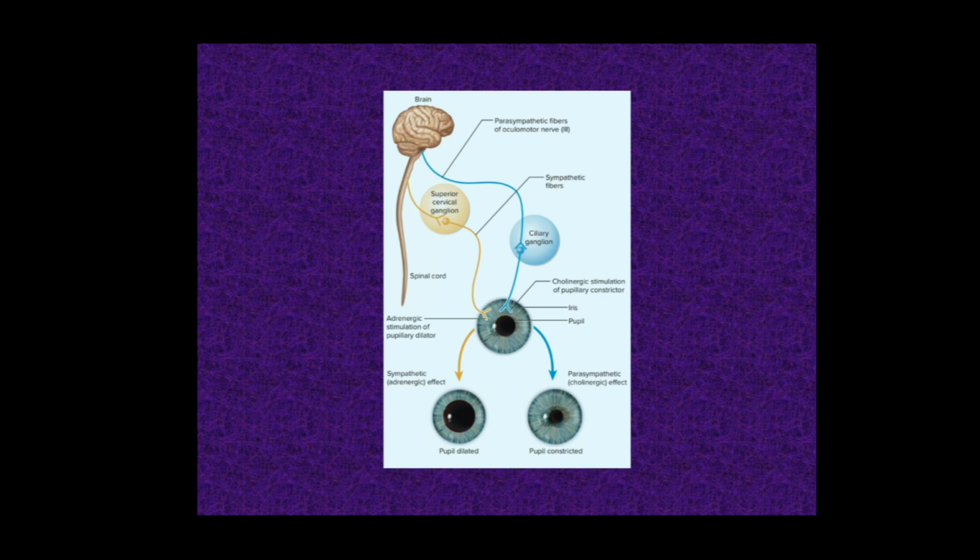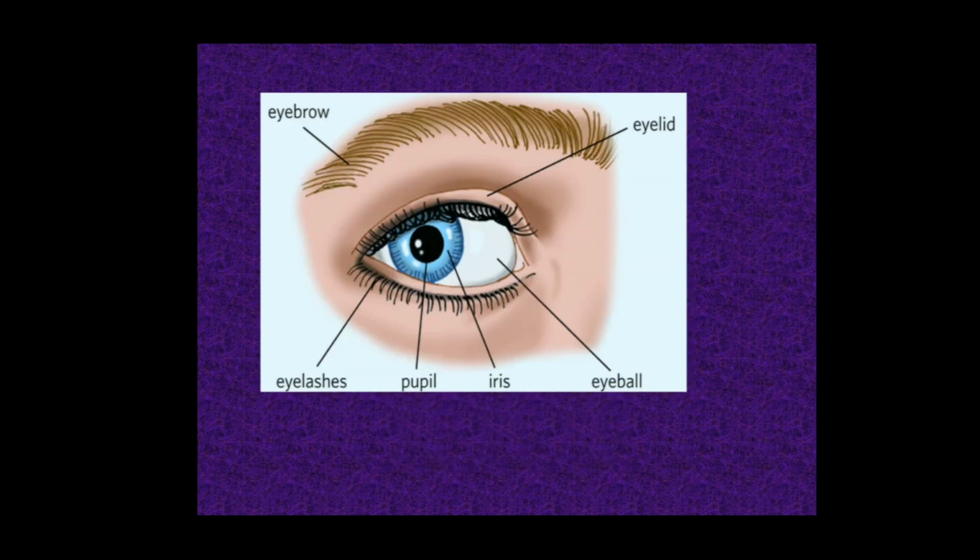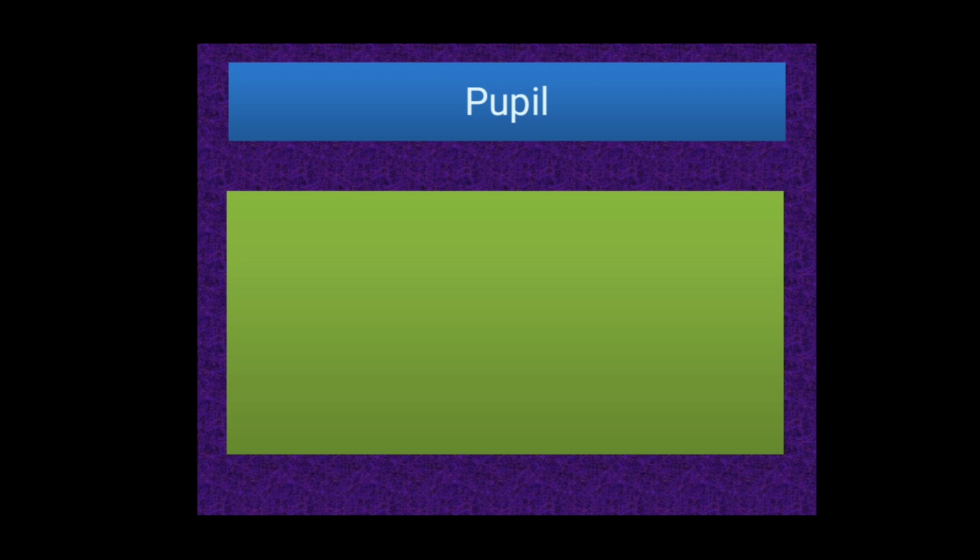Is it clear? So here you can see the iris as well as the pupil. Next, let's see some more details related to the pupil. The pupil is the aperture seen at the center of the iris.